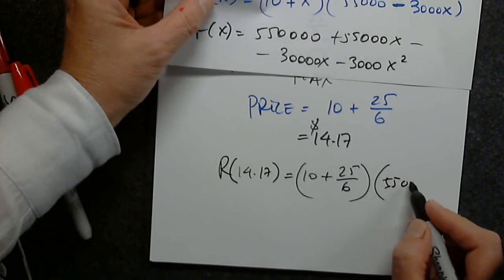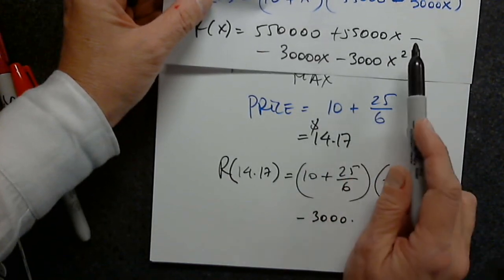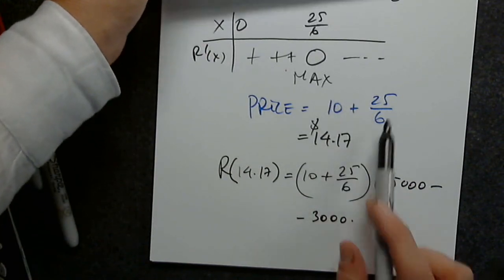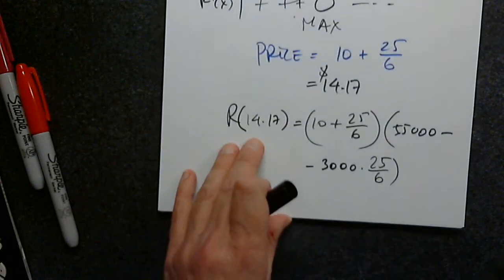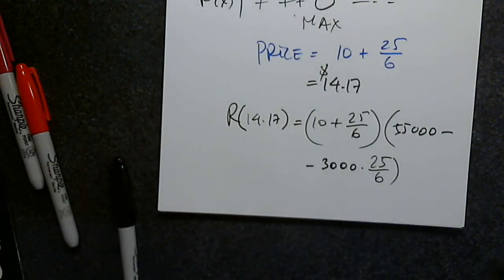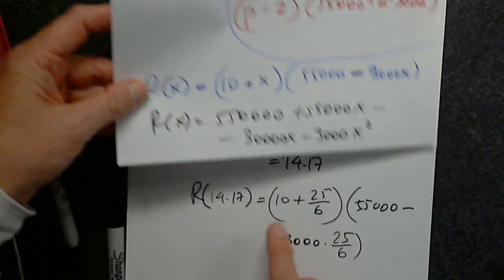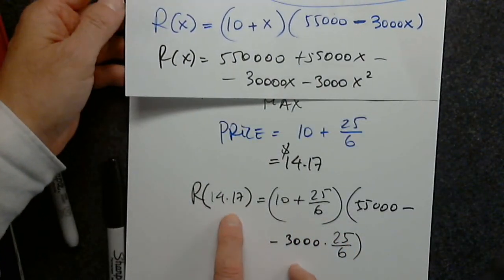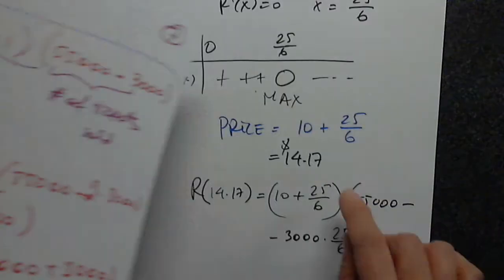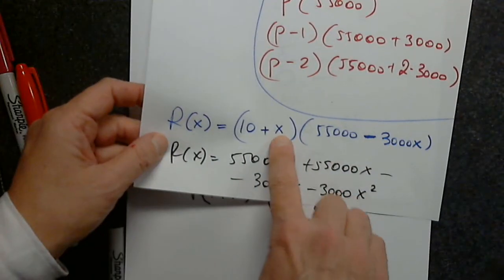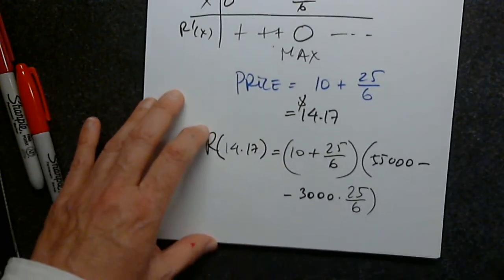So 55,000 minus 3,000 times x, where x is 25 over 6. So I have not determined R yet. I'm calculating this right now. But x is 25 over 6, which is this piece, which is also this piece. Better? Okay.